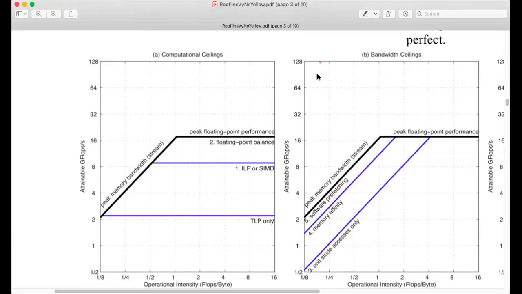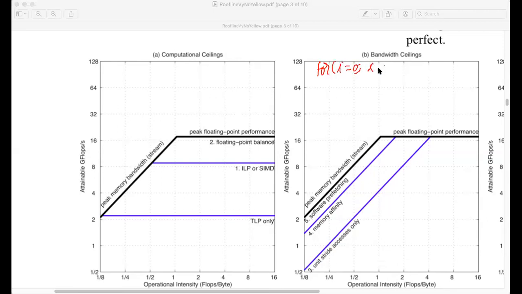Something like for i equal to 0, i less than some n, i equal to i plus s, and you do some computation here, accessing array elements a[i], b[i], c[i], for example.